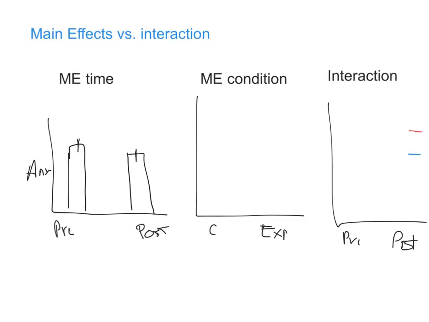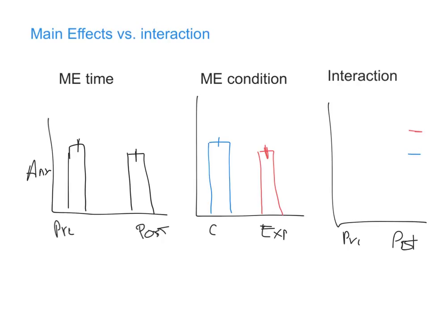Now, if we look at control versus experimental by itself, we saw that on average, the control had the exact same amount of anxiety, pre or post. And we saw that the experimental condition, at the beginning they had high anxiety, it went down. So again, they'll still have lower anxiety than the control, but because we're taking into account both pre and post, we aren't seeing that much of a big diminishing factor.